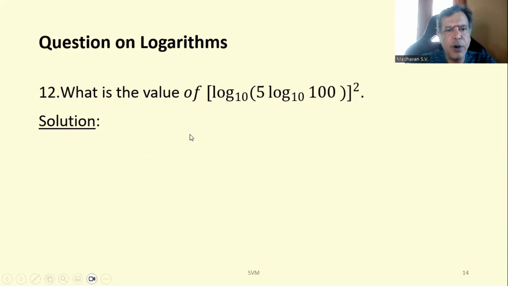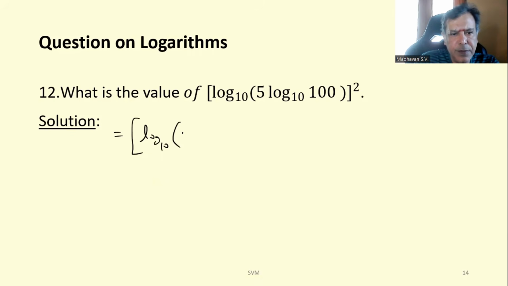What is the value of logarithm of 5 log 100 to the base 10 to the base 10, the whole thing squared? So now we can rewrite this as logarithm of 5 log 100 can be written as 10 square to the base 10, the whole square.